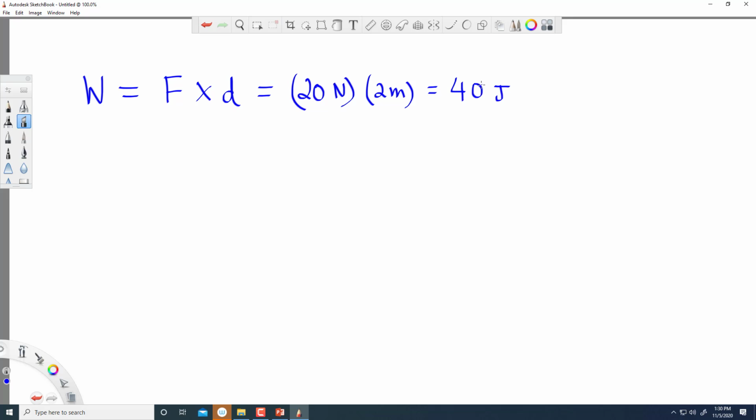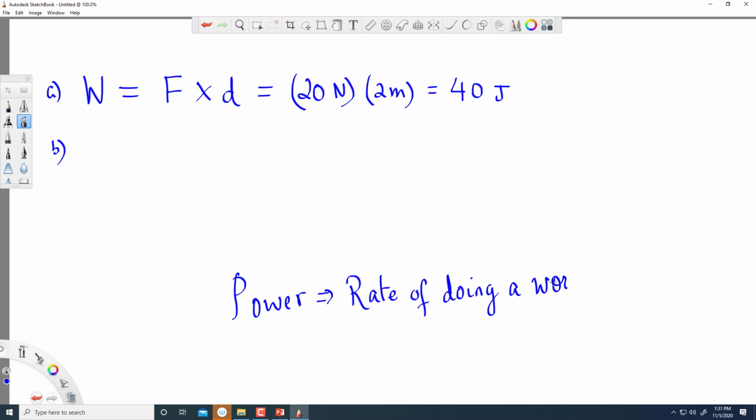Now the second part is asking for the power. Power is basically how fast you can do work. The faster you do the work, the more power you have. In other words, power is defined as the rate of doing work, and it is work over time: how fast you do the work, or in 1 second how much work you can do.